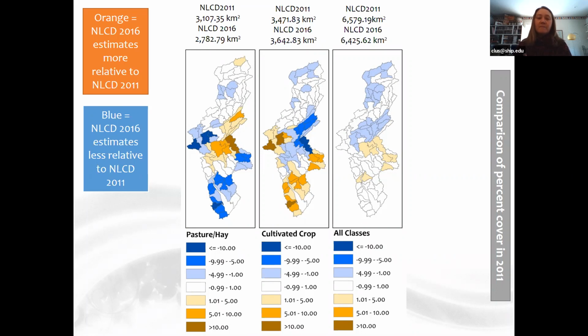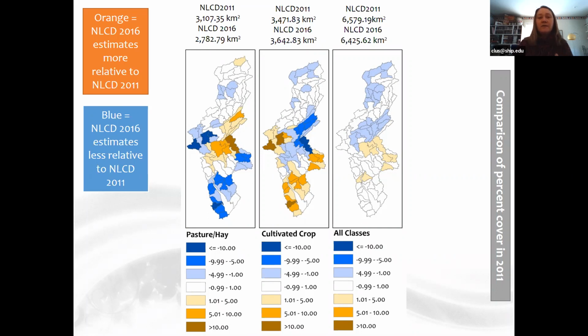So again, we're seeing some evidence of class swapping, and we're also seeing that the middle and lower part of the basin is where we see the most significant differences here. This is also almost a switch of the patterns that we saw in the urban maps.